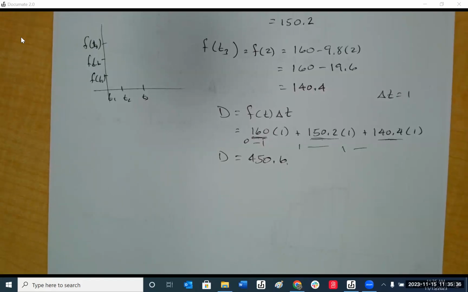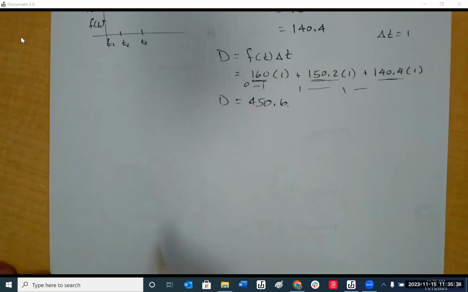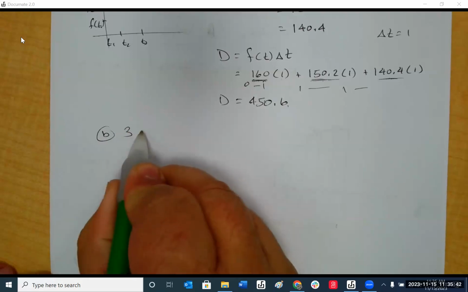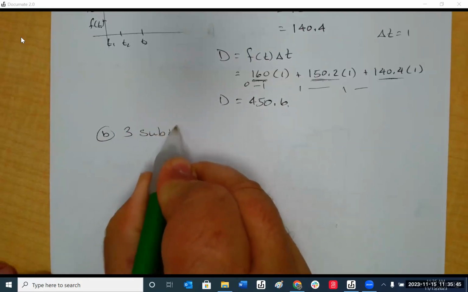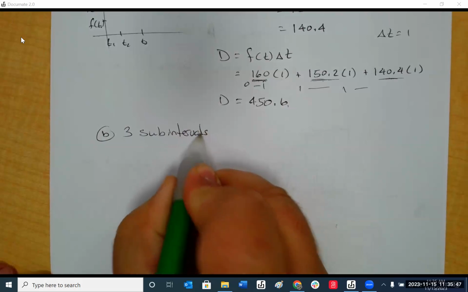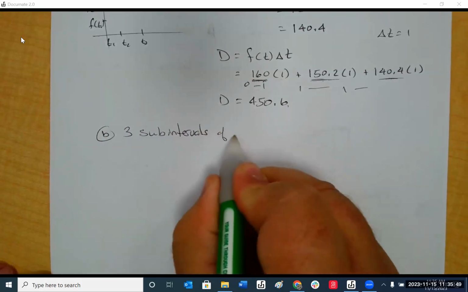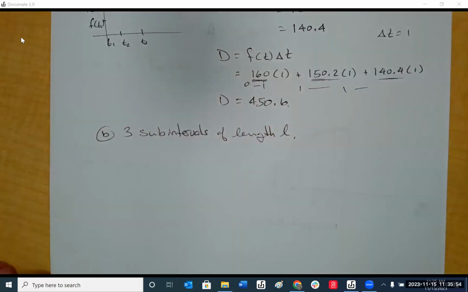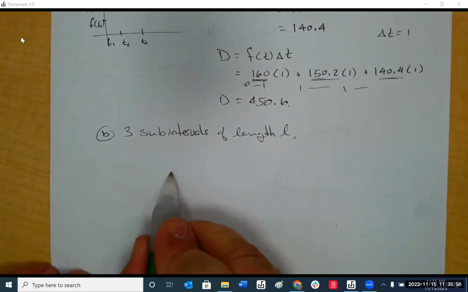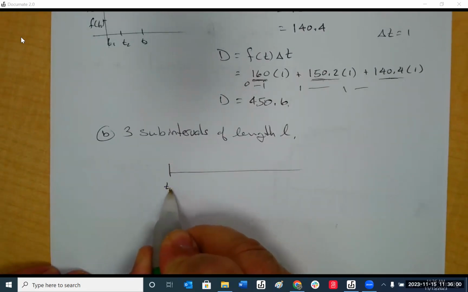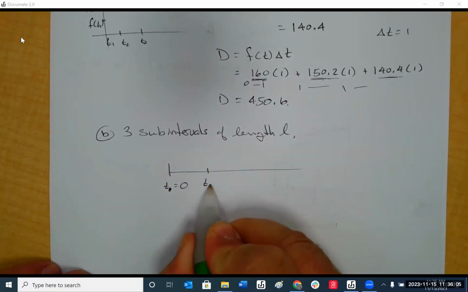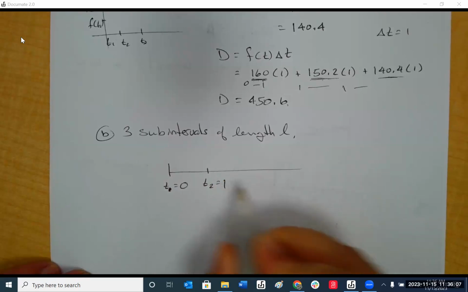Okay, so that was the first one. That's really good. Now for part B, the 3 subintervals of length 1. We start off at T1, which is 0, T2, which is at 1.